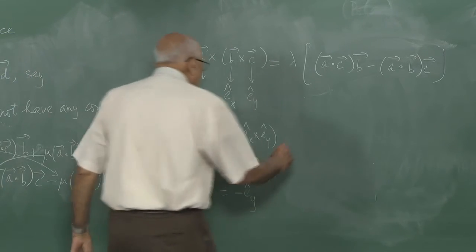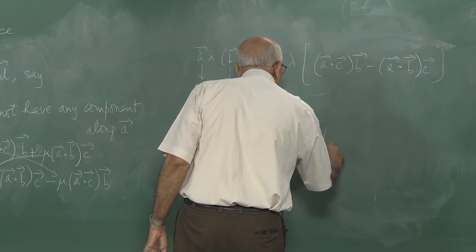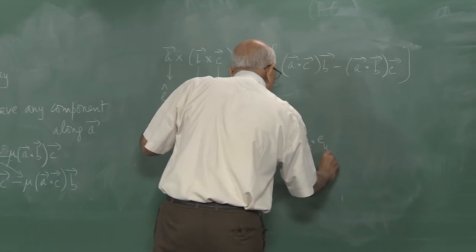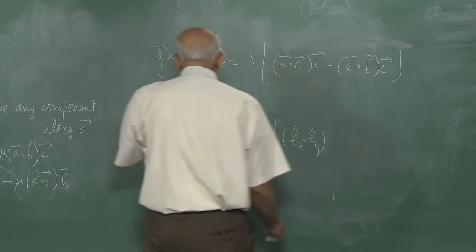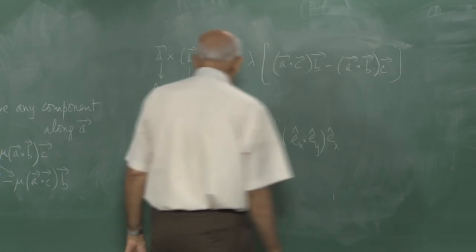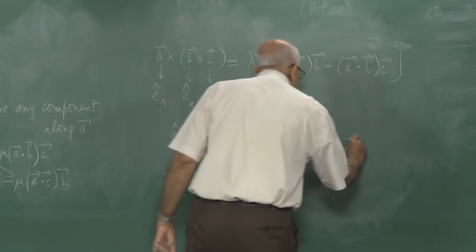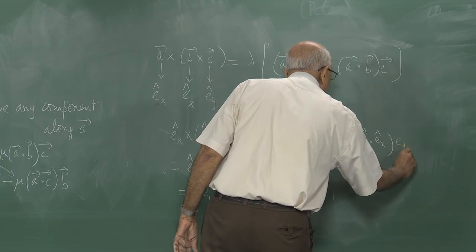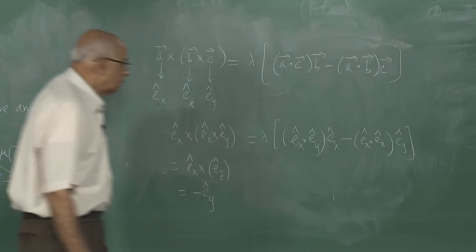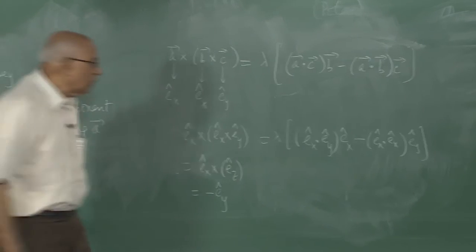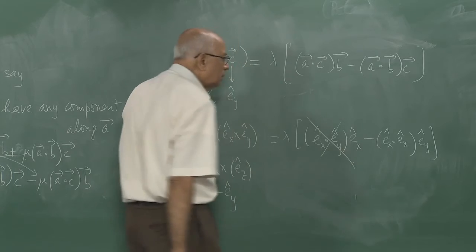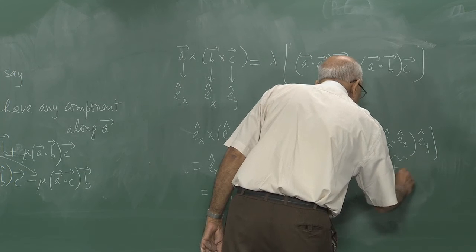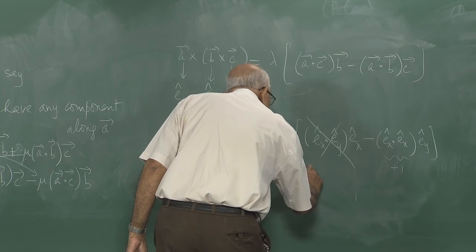But I apply this formula and I get lambda times A dot C, but A was Ex and C was Ey, Ex dot Ey, B was also Ex out here, minus A dot B, which is Ex dot Ex, and then C was Ey. But Ex and Ey are perpendicular to each other, so Ex dot Ey is 0, and Ex is a unit vector, so Ex dot Ex is plus 1. So on this side you get minus lambda Ey.